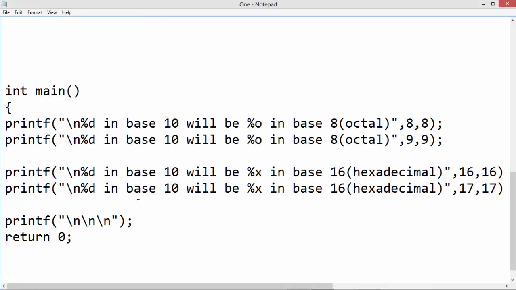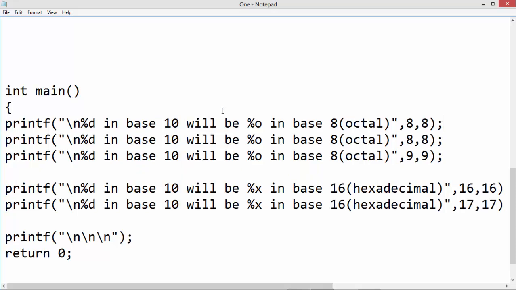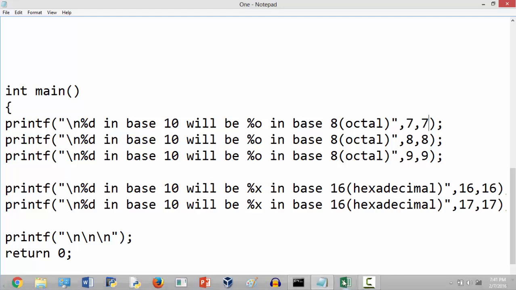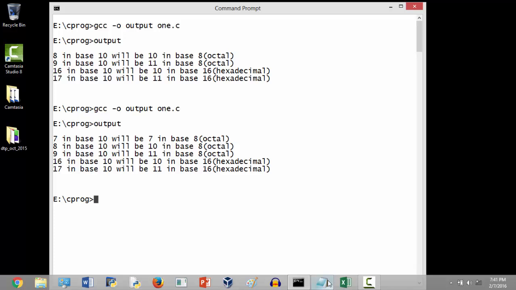We also have to look at what happens if I give 7. Let me make this 7 and run the code. So 7 in base 10 is 7 in octal.